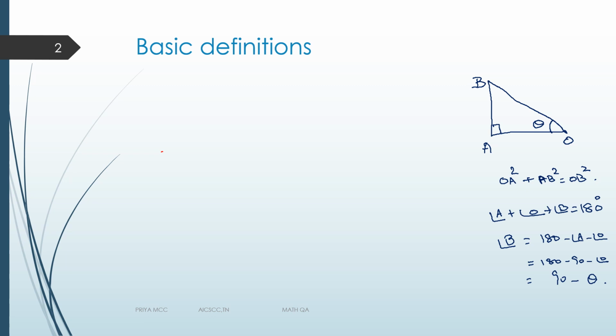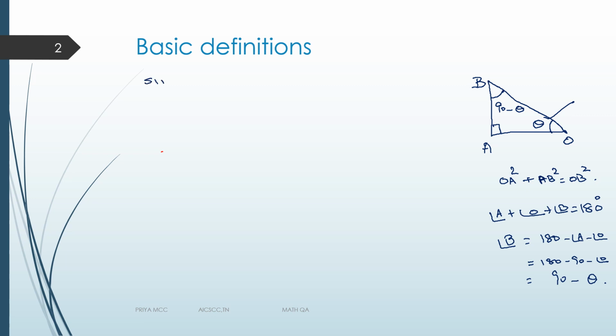So if I know this is theta, this is automatically going to be 90 minus theta. So we will not worry about B. We are only interested in this angle theta. So we will try to write the ratios of the sides in terms of this particular angle, giving a connection between the sides and angles of a triangle. That's all. So what are the basic definitions here?